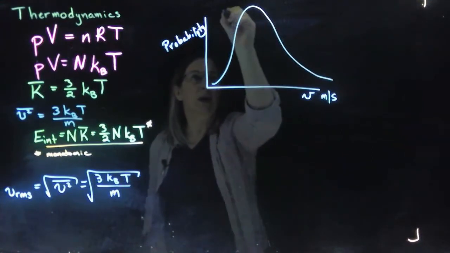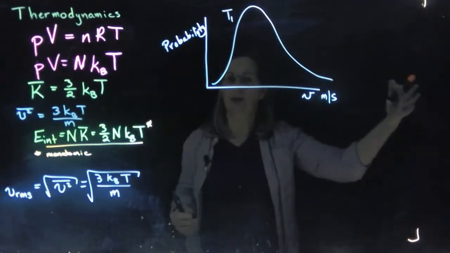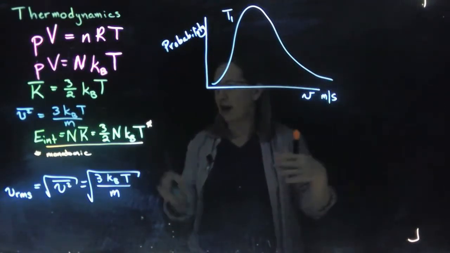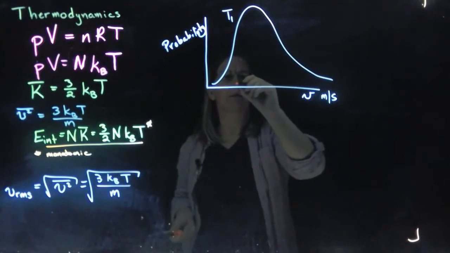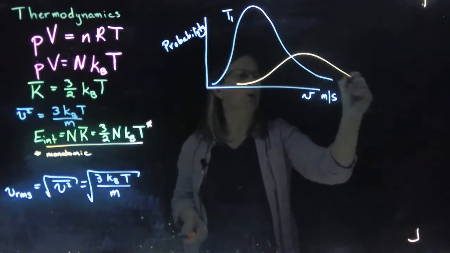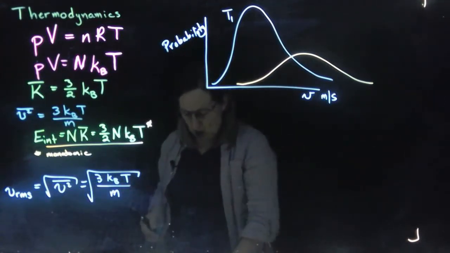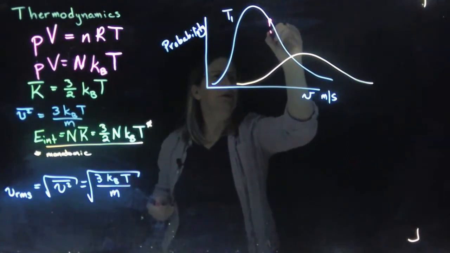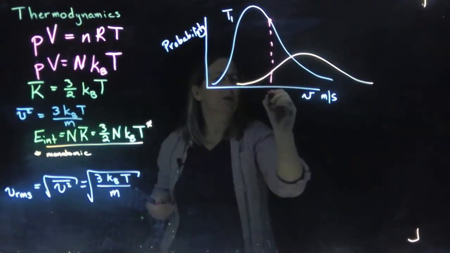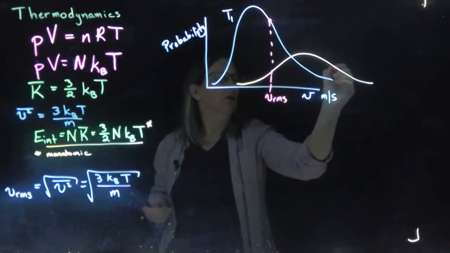So this would be at T1. At higher temperatures, it's going to be shifted over because the average speed gets higher, but it also flattens out. So at higher temperatures, it kind of goes like this, okay? And this VRMS is not actually the peak, it's a little bit off from the peak. So for this one, this is my VRMS, and then it's like over here for this one.